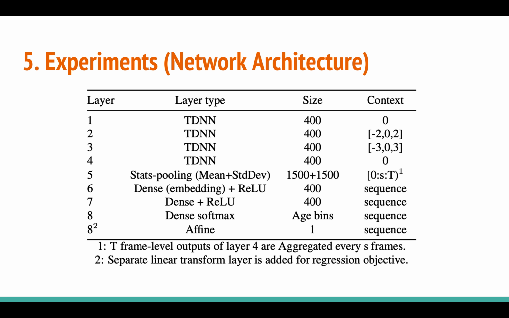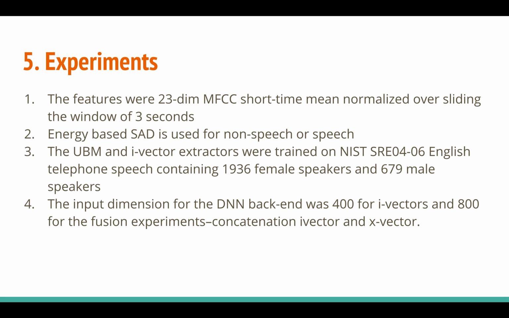That goes to the dense embedding layer, which is a feed forward neural network with ReLU activation. Then there is one more dense feed forward layer, then one more dense softmax layer, which is used for classification, and then they use this affine layer for regression. Those are the layers of this X vector network.